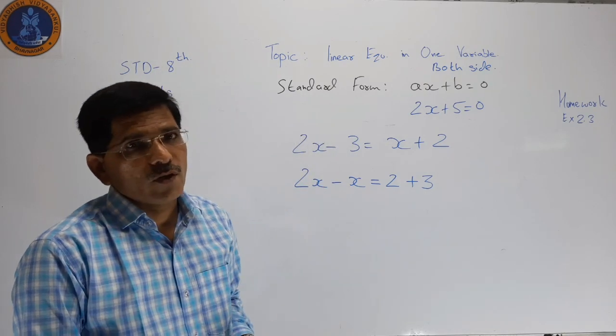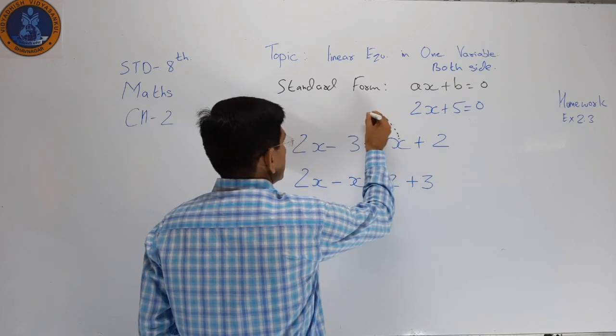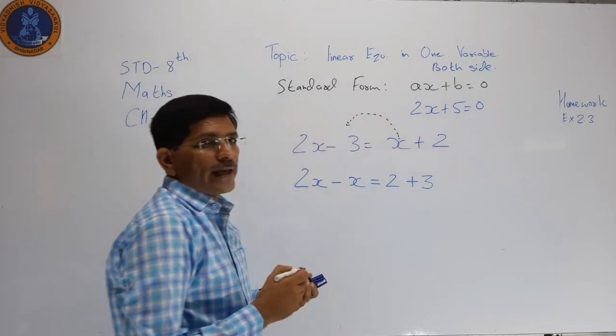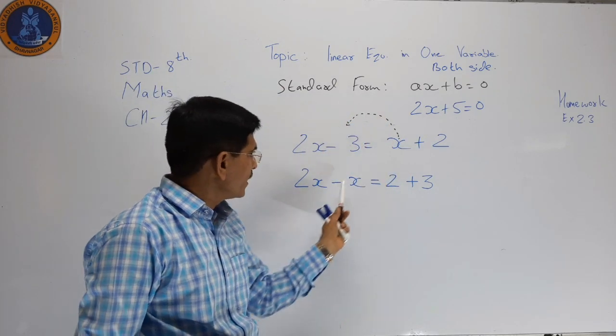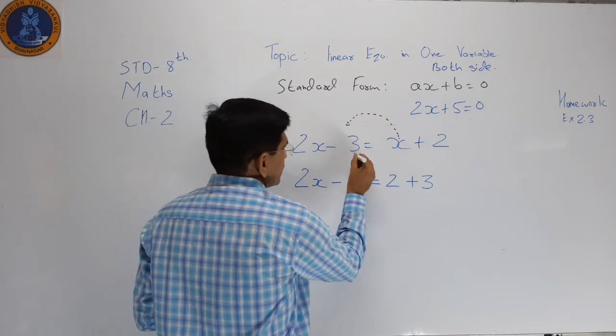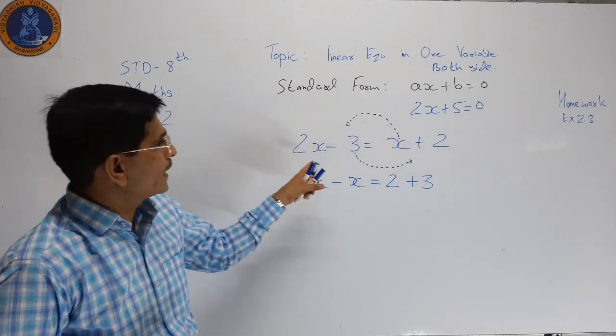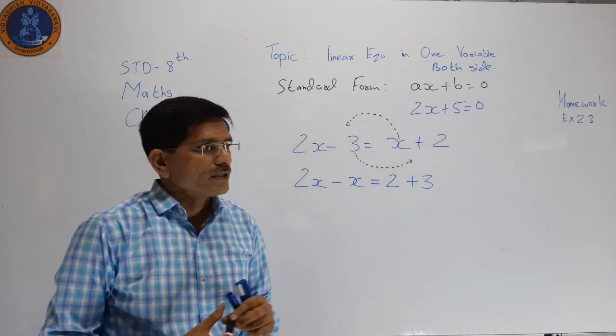We can also explain this by arrow: if I shift this, then positive should become negative, and if I shift this, then negative should become positive.